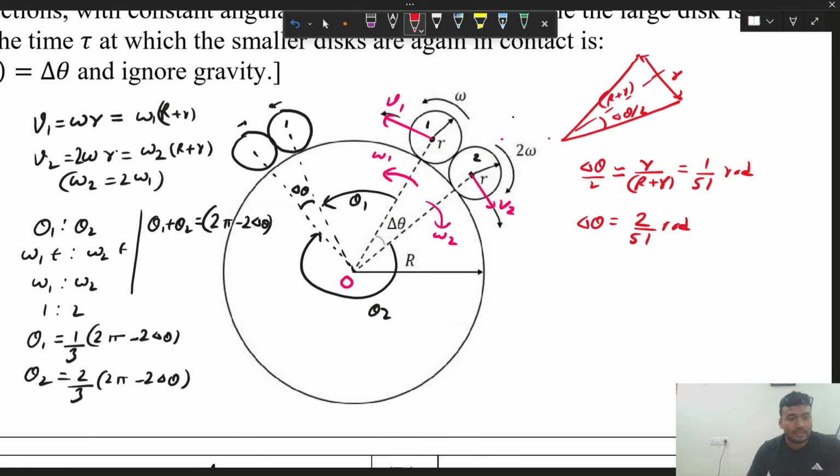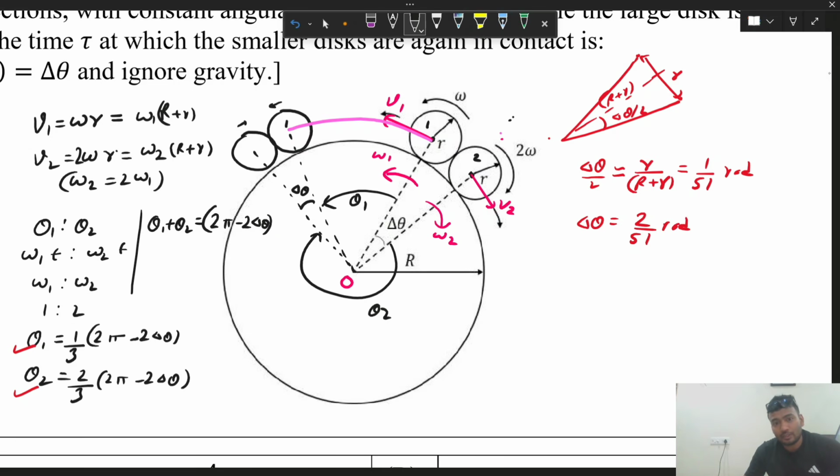So you got angles theta 1 and theta 2, the total angle traveled by each smaller disk, and delta theta, the initial angular separation. Now how to calculate time? See this purple line. That is the linear distance traveled by the smaller disk.